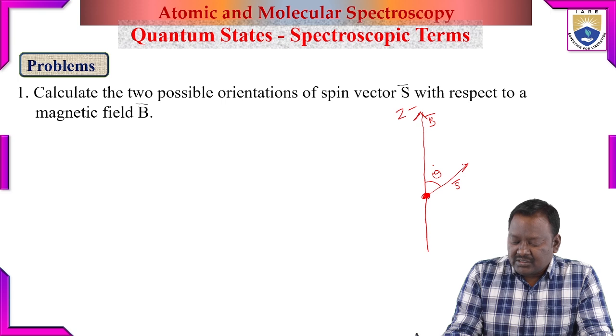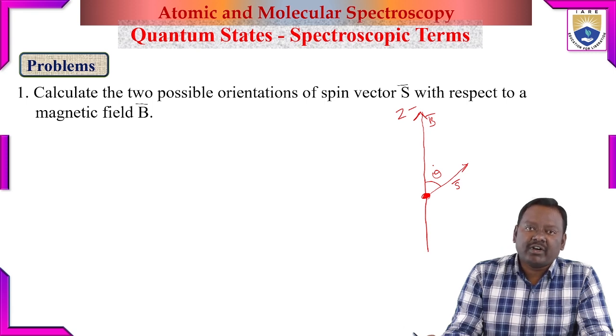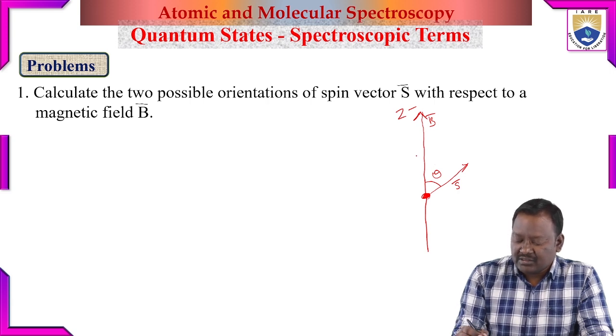We also consider the component of the spin angular momentum along the Z axis, or field direction, which is Sz.